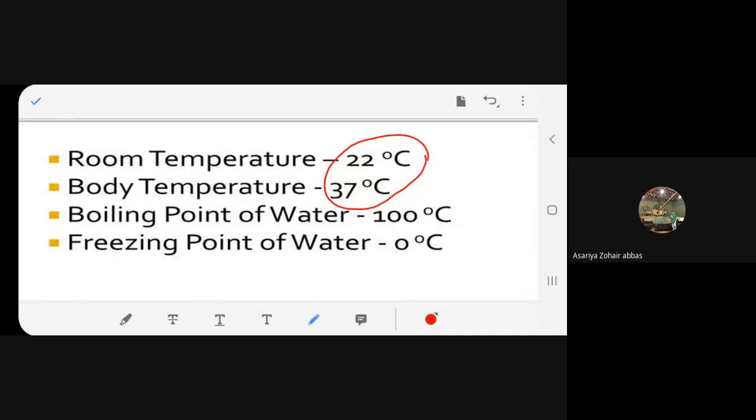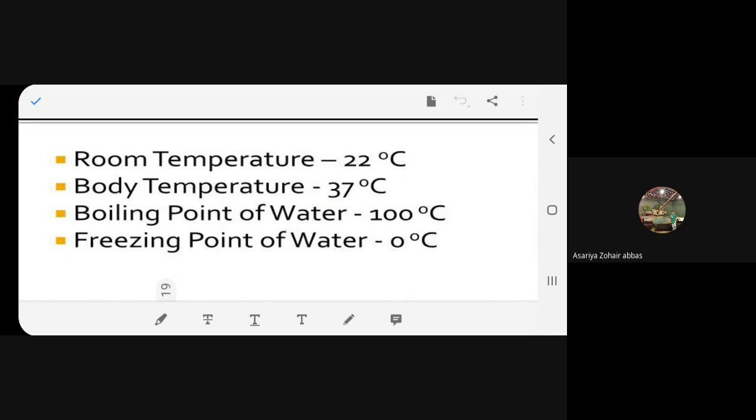It's not minus, it is 22 degree, beta. It is a dash actually. It shows that it is 22 degrees Celsius, okay? Nothing is minus. These are just a dash, showing that it is the temperature.